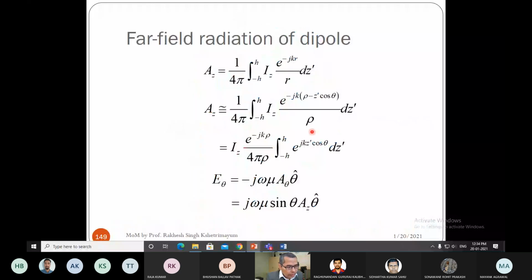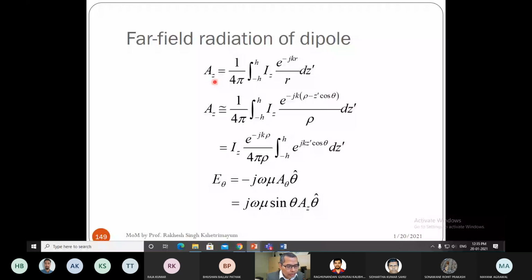So let us try to find out the far field radiation of the dipole antenna. As we have discussed a lot in the previous semester also, it's always easier to find the electric field from the magnetic vector potential. Once I have the magnetic vector potential, I can find out the field easily. And finding the magnetic vector potential from the current density is very easy, because current density and magnetic vector potential have the same direction.